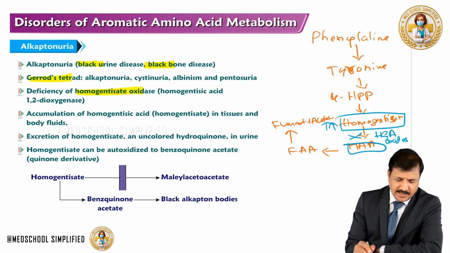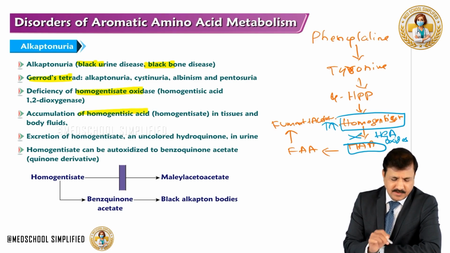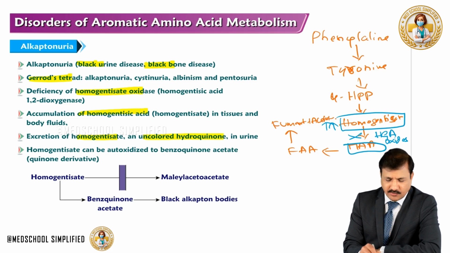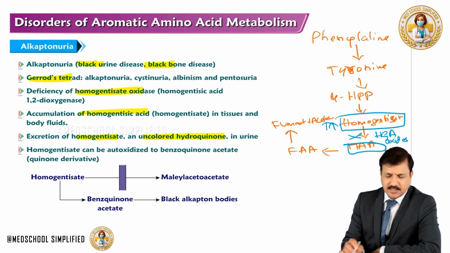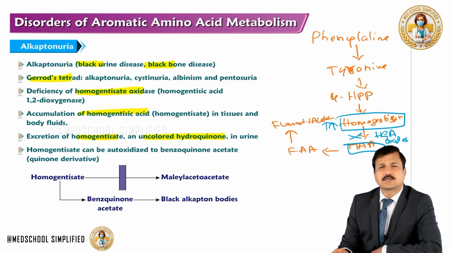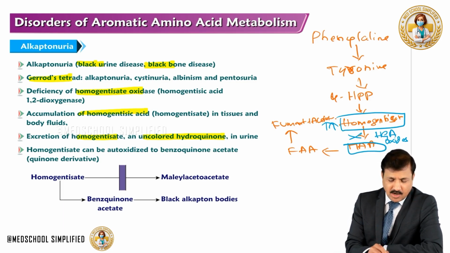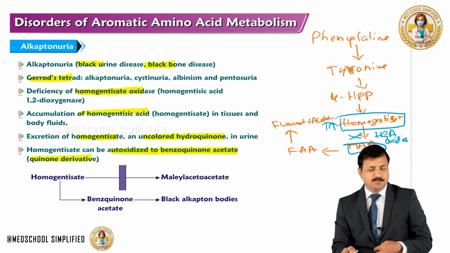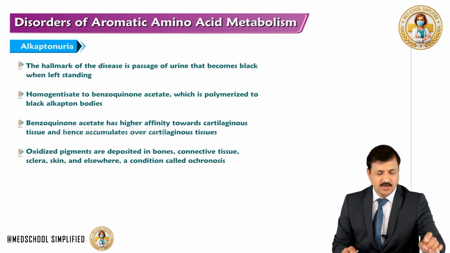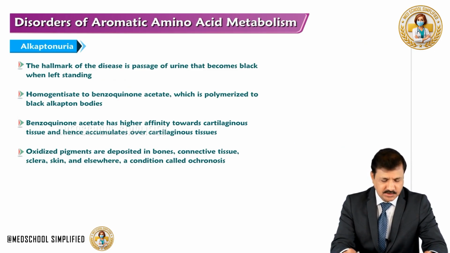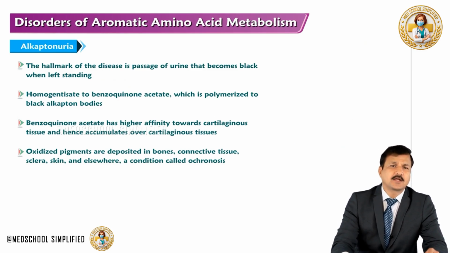As you see in the slide, accumulation of homogentisate in tissues and body fluid occurs, and homogentisate, an uncolored hydroquinone, is excreted in the urine. This may oxidize in the urine upon exposure to air to become black alkaptone bodies. Homogentisate can also be auto-oxidized to benzoquinone acetate, a quinone derivative, which has a higher affinity for cartilaginous tissue, thereby darkening the tissue.